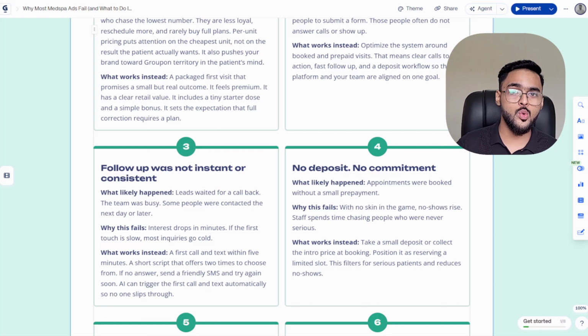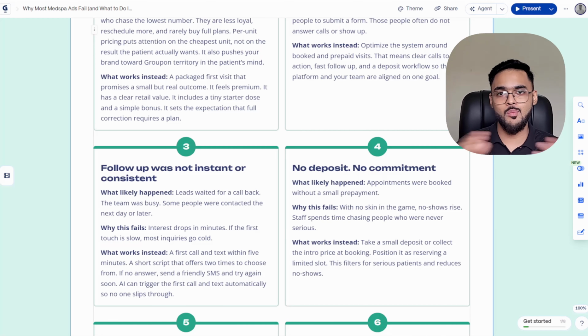So, what we do with our clients in this stage is use AI. So, we set up an AI that calls and texts the lead instantly, engages them, answers basic questions, and then passes off the lead to the team. And the team then books them in for an appointment inside their EMR.